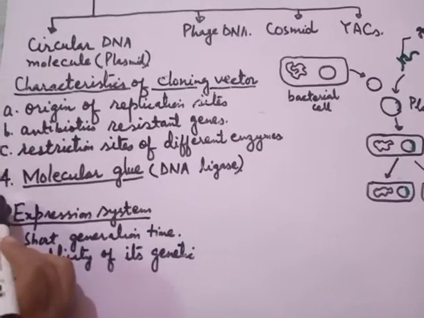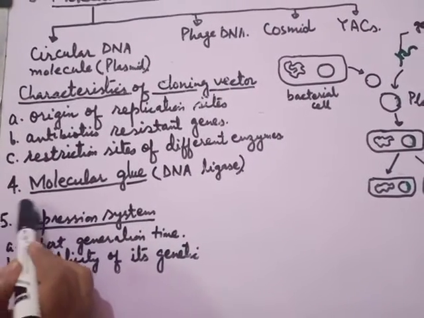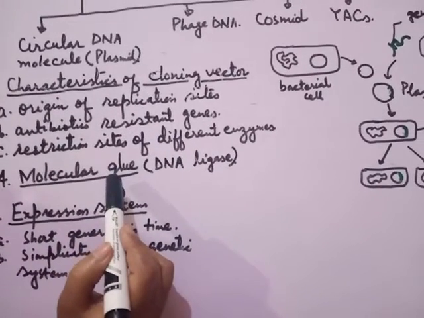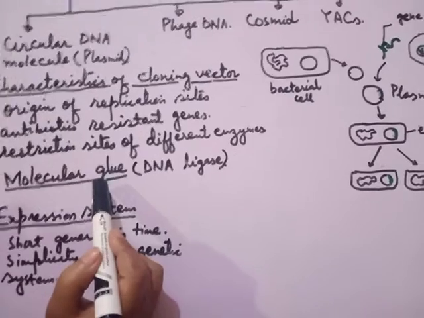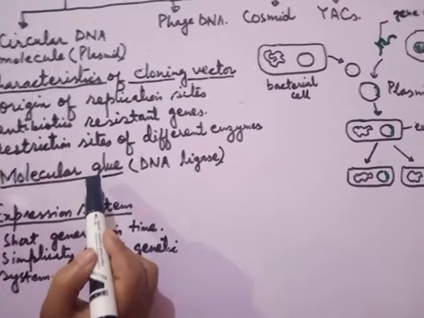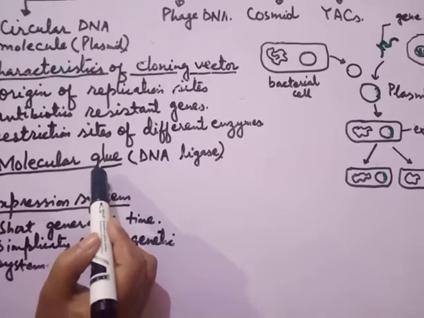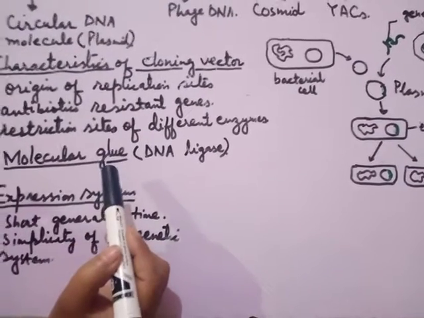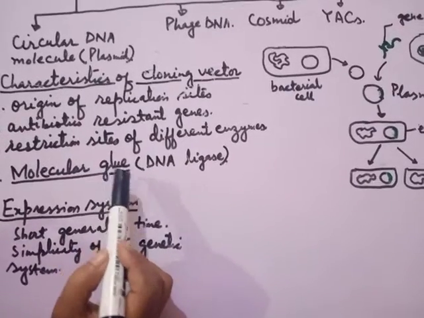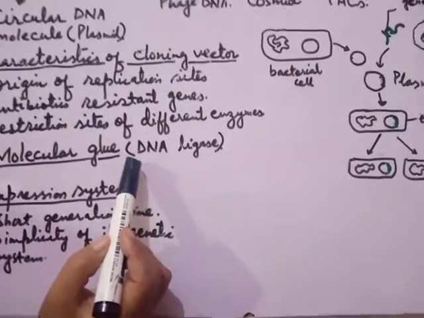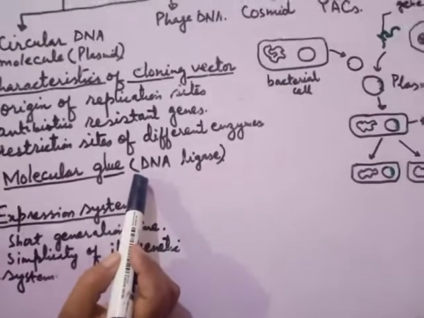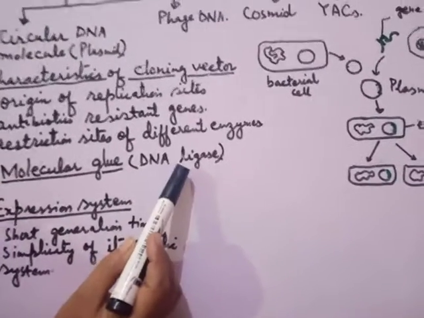Now, number four, a component which is required in recombinant DNA technology is molecular glue. Students, molecular glues are molecules which can join our gene of interest into our vector, and that's why we call them glues. Mostly the molecular glue used in recombinant DNA technology is DNA ligase.